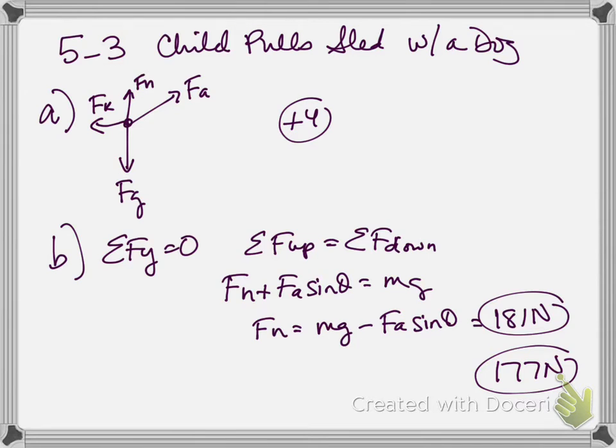So 4 points for this section: 1 point for realizing that the net force in the y direction was 0, 1 point for finding the weight, which I guess we found just by putting it in there, so give yourself a point there. 1 point for Fn equals mg minus the y component of the tension, and then 1 point for the correct answer.